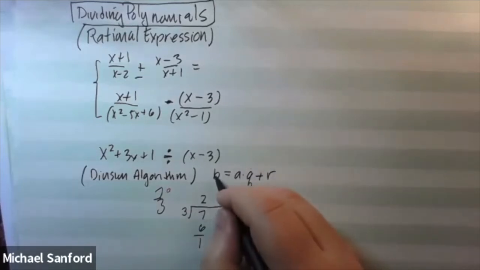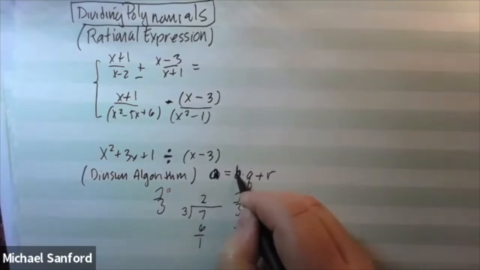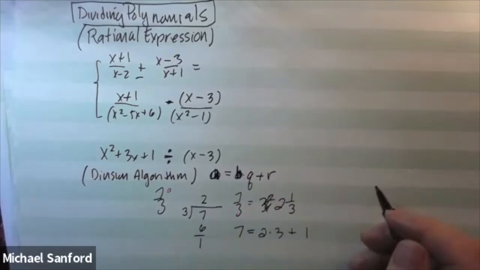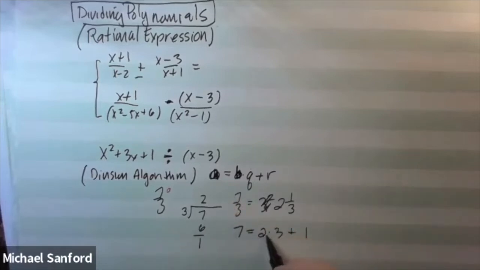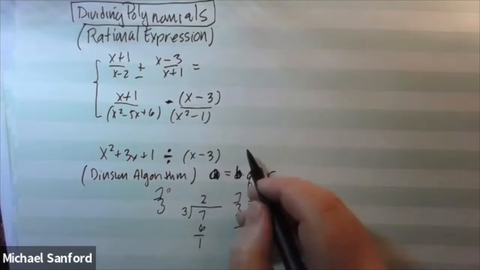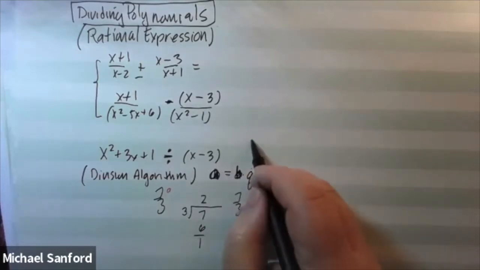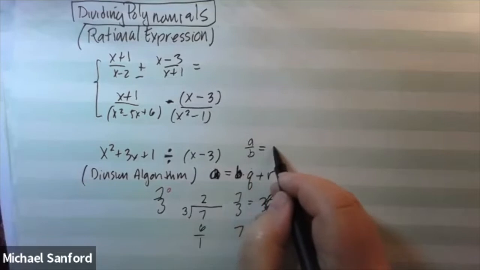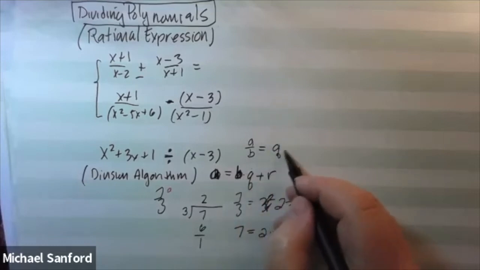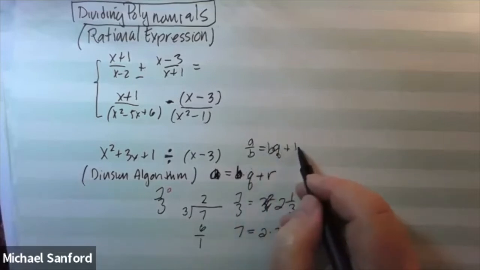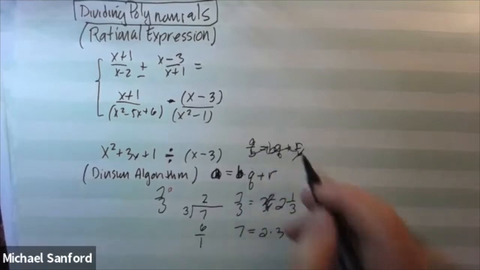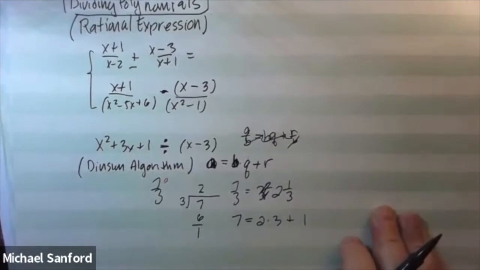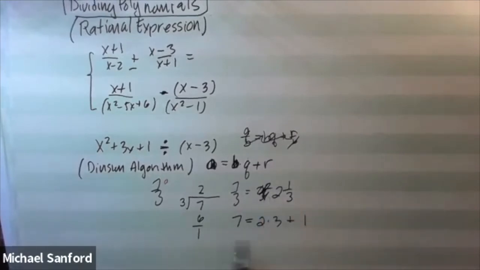I want to go A, B. Because what we're doing here is getting 7 equal to 2 times 3 plus 1, so 7 is my A. Multiply through by B, this would be B over R. And then, okay, it'd be like that, because this is the same thing we're doing here.